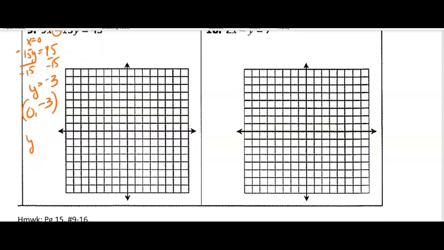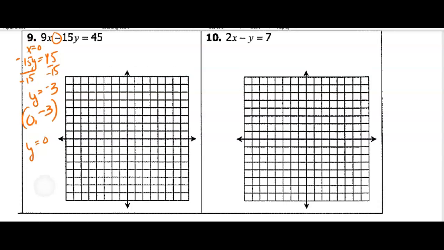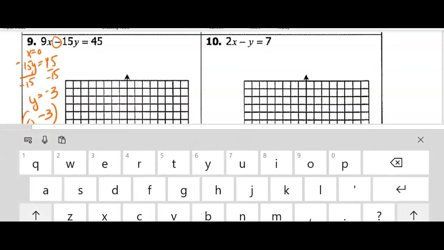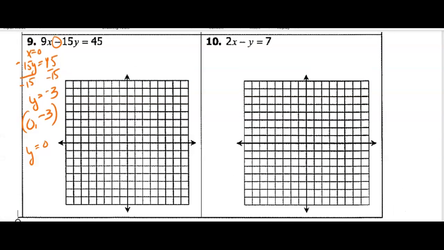And when y equals 0, 9x equals 45. Divide by 9. X equals 5, because 9 times 5 is 45. So I get 5, comma 0.